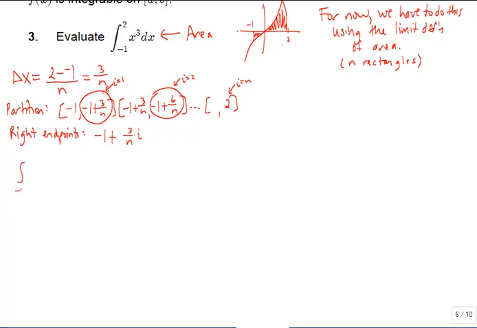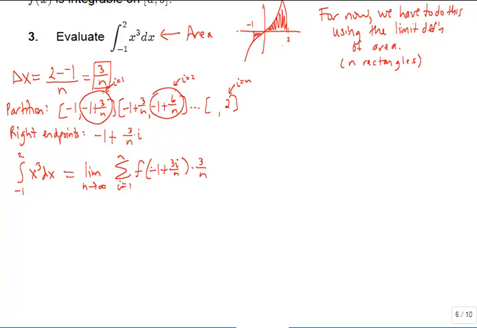So -1 to 2, this integral is defined to be the limit as n goes to infinity of the sum from 1 to n of f of these right endpoints times the width of our rectangles, and our widths are always this 3 over n.